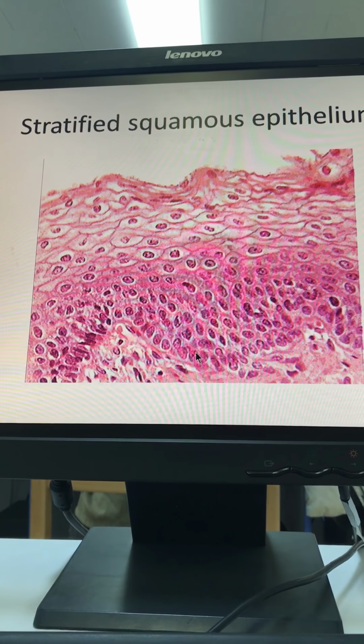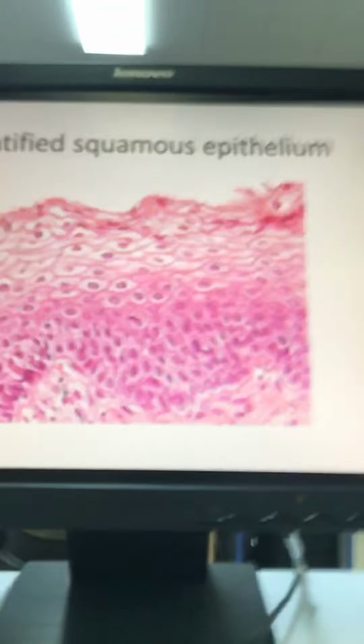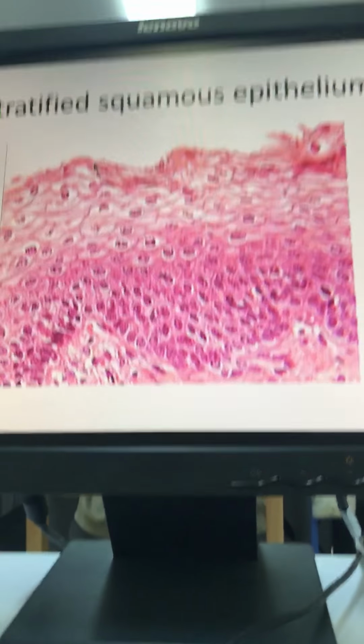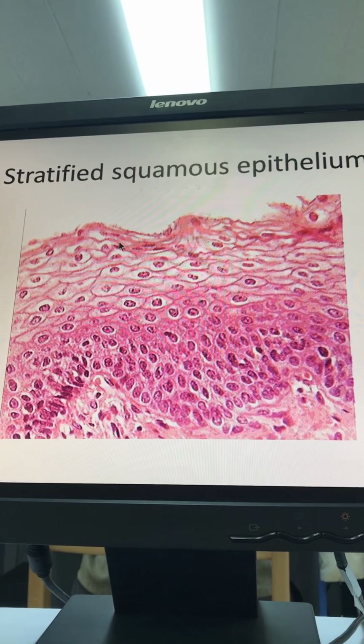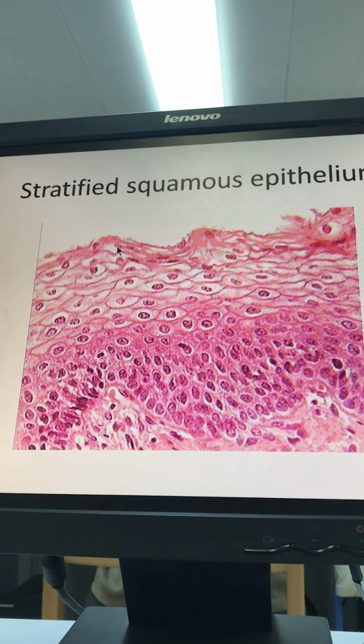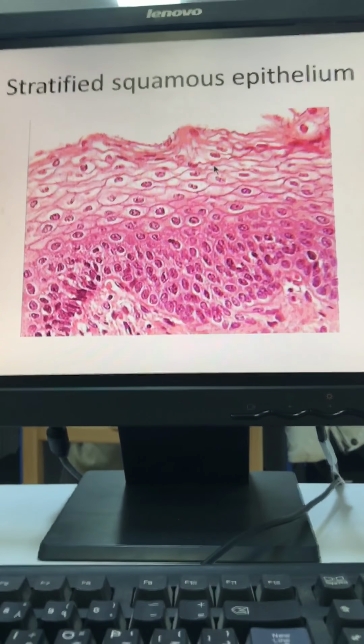Those are basal cells. Next we have connective tissue. We have more than one layer, then this is a stratified type of epithelium with surface layers with flattened nuclei. This is squamous, stratified squamous epithelium, non-keratinized.